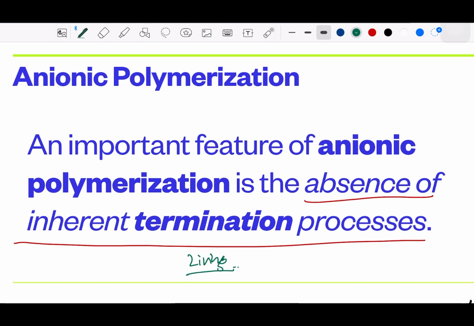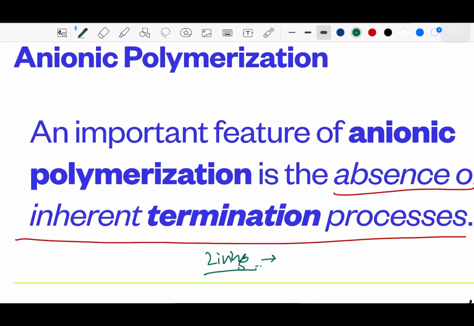It's actually saying that the polymers go on without stopping, without any stopping point. So you can consider it like a living polymerization. It says that the polymers didn't die.